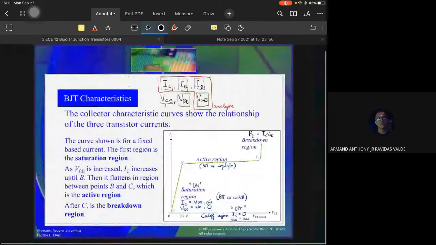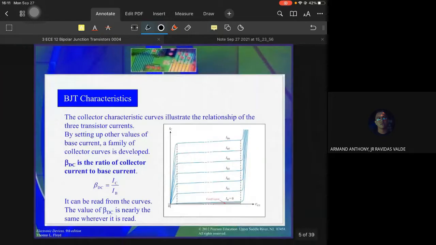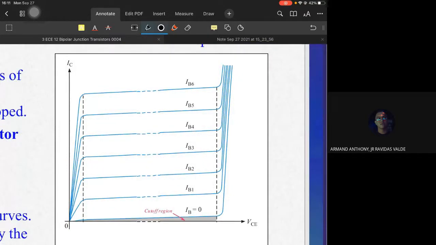Okay? Next slide. BJT characteristic curve. Each of these curves represents only one. Isa lang man na ani ang atong magamit at an instant. Dili man nato tanan.